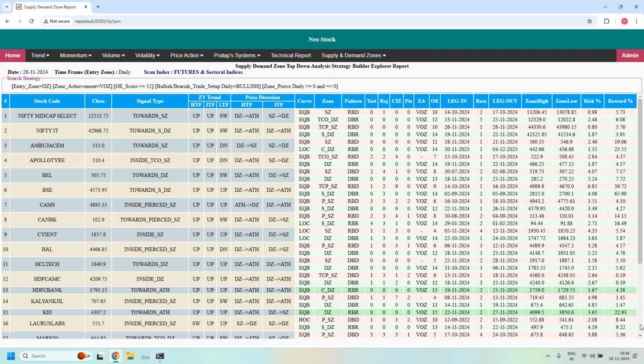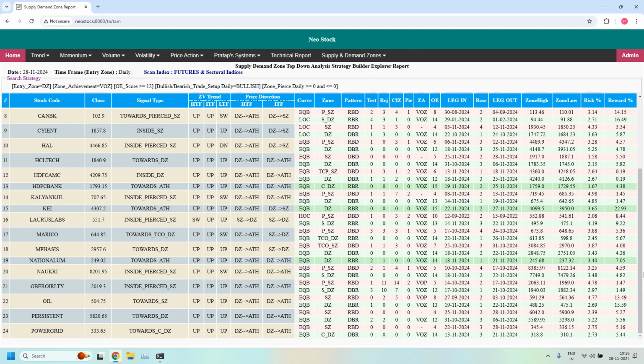We got a big list. I'm scrolling the list down. So total 24 stocks are filtered, and these 24 stocks are supporting bullish trade setup for monthly income trade. That is entry time frame, daily demand zones.